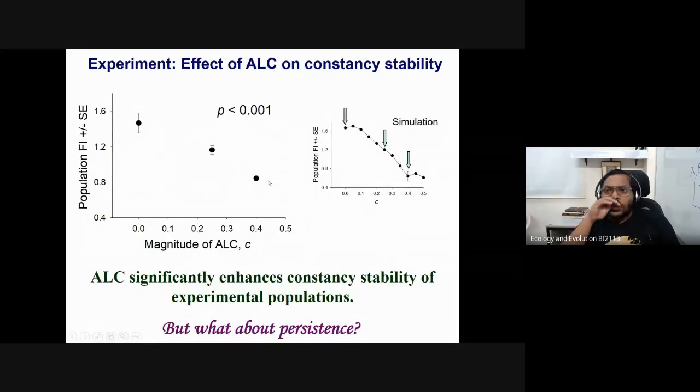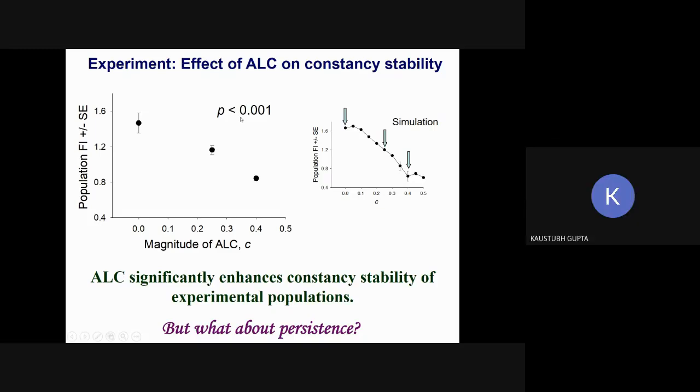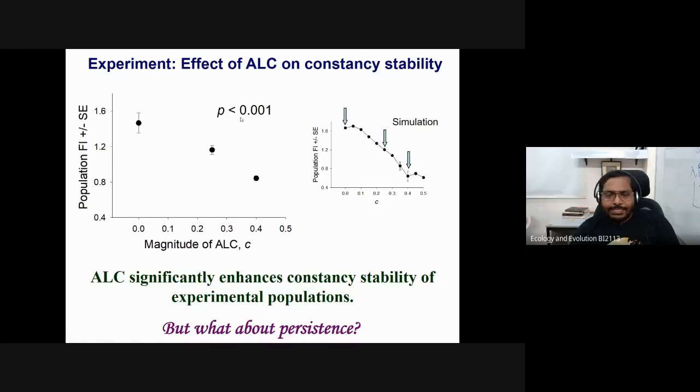So we do what is known as analysis of variance to show that this difference is more than what you expect by mere randomness or mere variation around the data. So that is the result of the statistical analysis. Okay, thank you. Anything else?